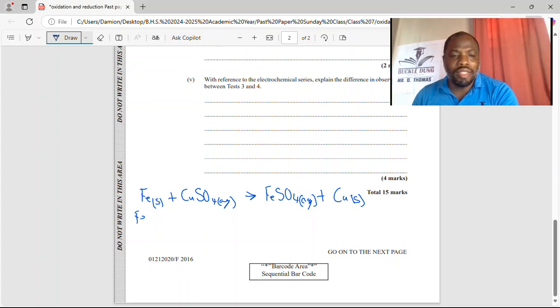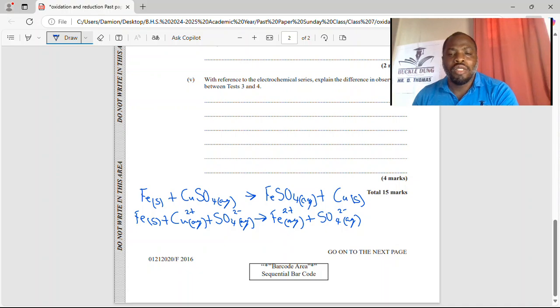So we write this as copper 2 plus aqueous plus sulfate 2 minus aqueous gives us iron 2 plus aqueous plus sulfate 2 minus aqueous plus copper solid.